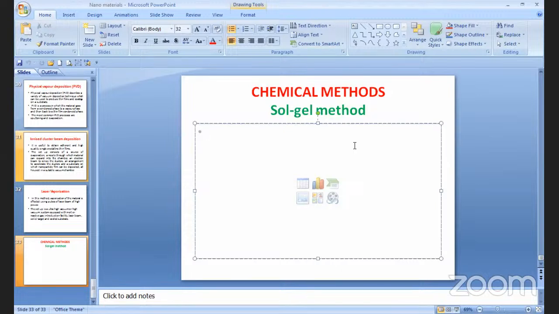Next, we'll go for the chemical method. Under this chemical method, we have the sol gel method also. The sol gel method comes under the chemical methods. The sol gel method is a chemical process.